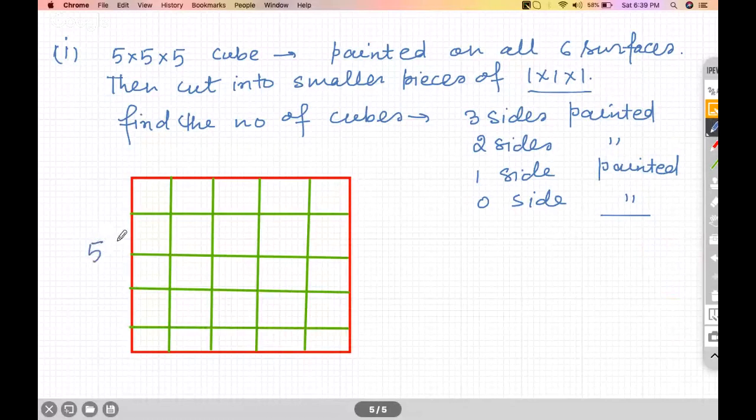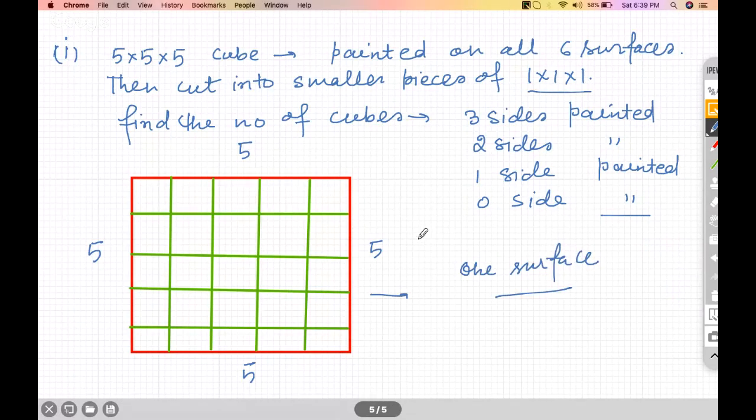So I have made a 5 into 5. One surface I have made. You also make one surface to identify what is happening around. So one surface, try to understand, in any kind of cube, three side painted would be corner cubes.